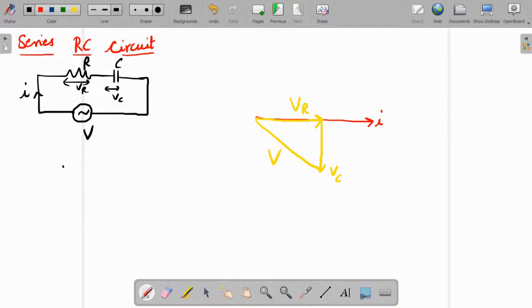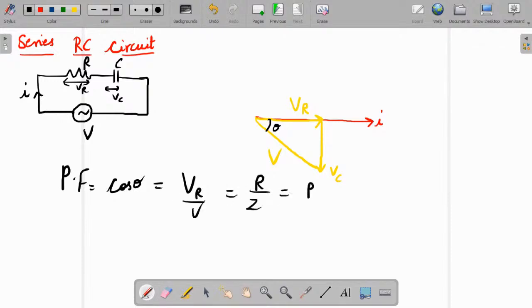Let us directly write the formula for power factor, which is cos theta, and this is theta. Cos theta is given by VR by V or R by Z or P by S, and now it is a leading power factor.